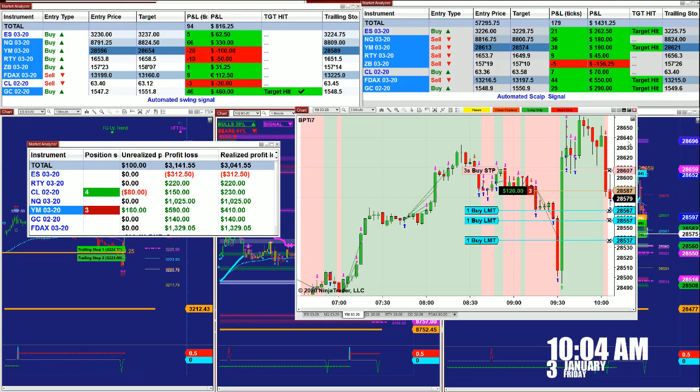When you look at performance, the average is around 73 to 75%, and the 3 minutes cleans a lot of noise in the market when the market is choppy.